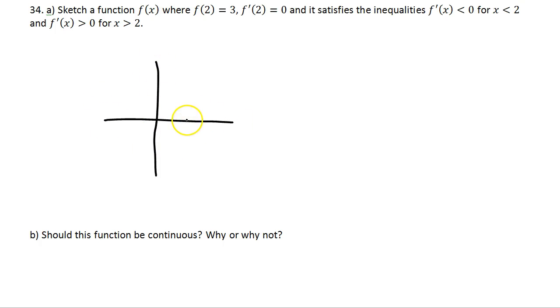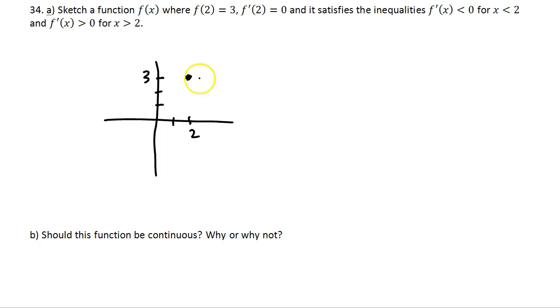If I plug in 2, so let's say 1, 2, the function value is 3, so the graph should be passing through this point. However, f prime of 2 is equal to 0.